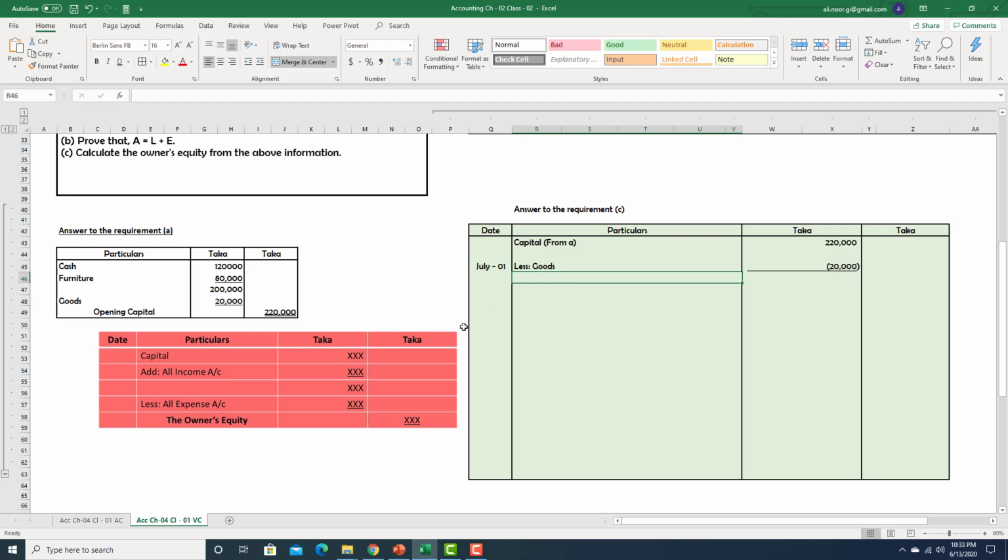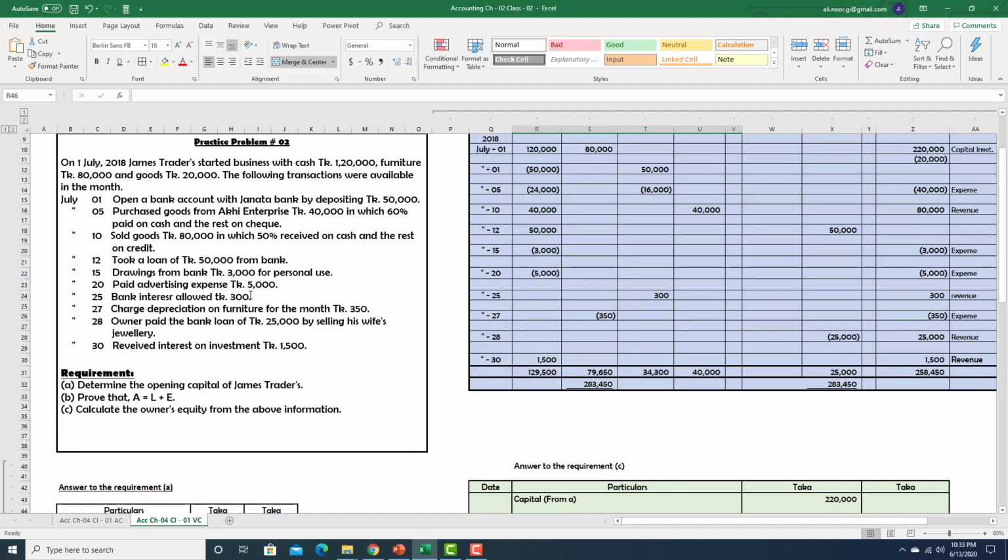Then we can see July 5, purchase goods from Aki Enterprise. We know we need to consider only all expense and all income accounts. So other accounts must be ignored this time. July 1 we do not need to consider. We have to look for all expense and income.